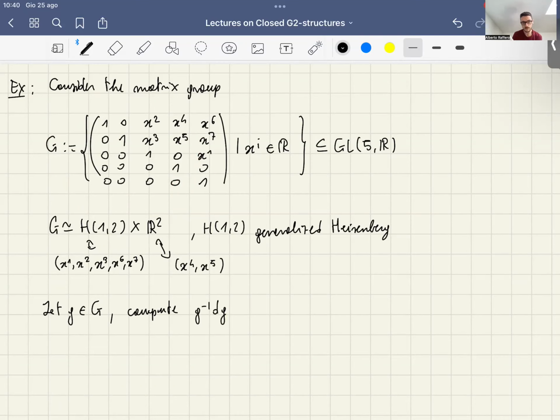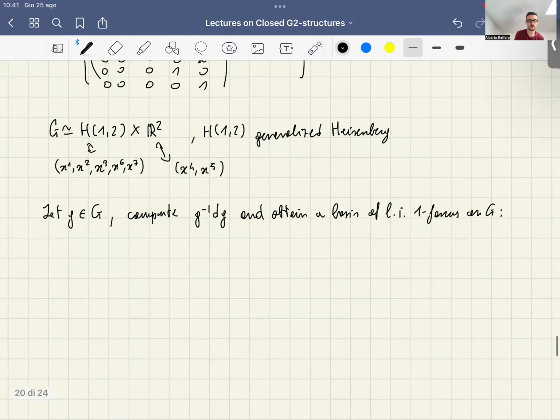You can do this as an exercise and obtain a basis of left invariant one forms on G. And in particular, what you obtain are the following forms.